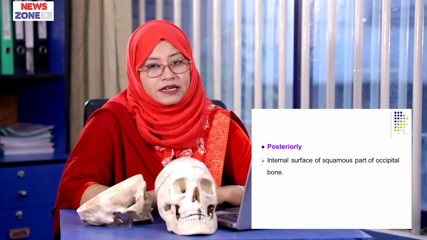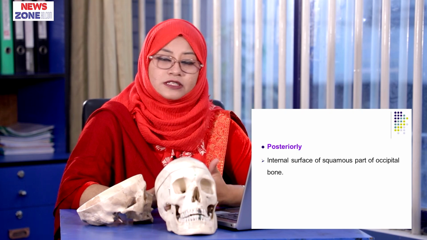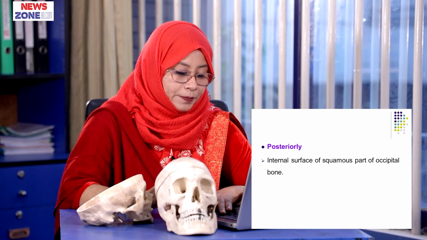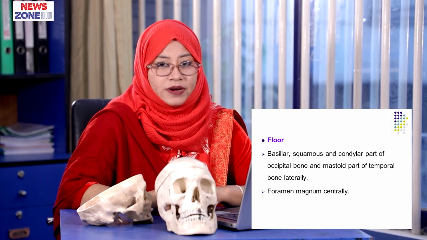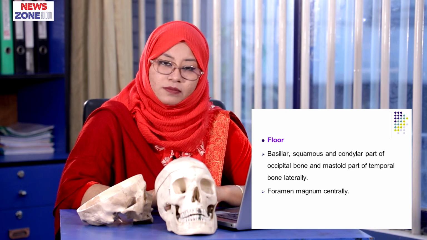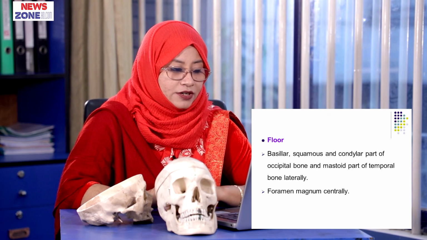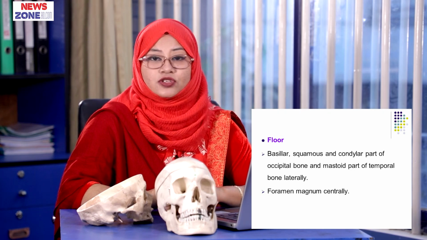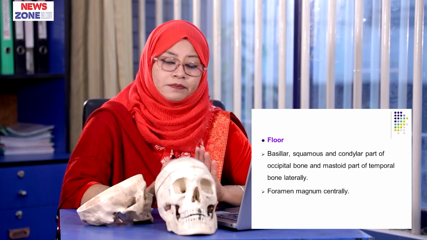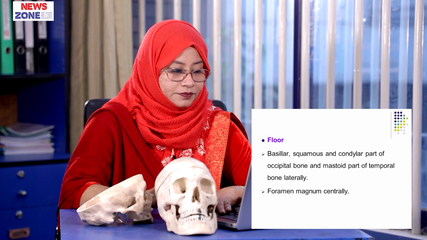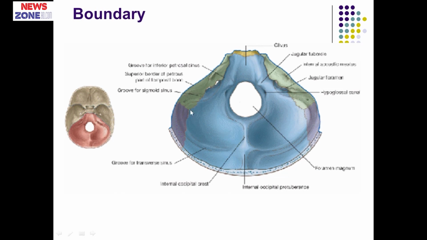Posteriorly, it is bounded by internal surface of the squamous part of the occipital bone, and floor is formed by the basilar, squamous and condylar part of occipital bone and mastoid part of the temporal bone laterally and foramen magnum present centrally. This is the boundary of the posterior cranial fossa.